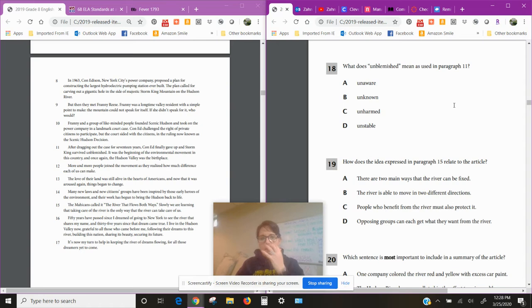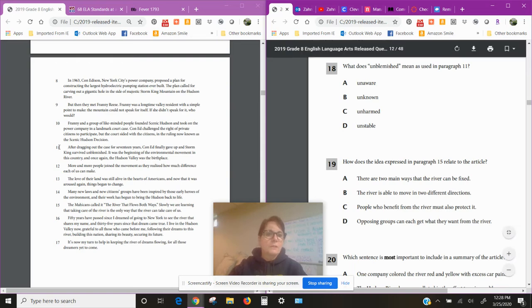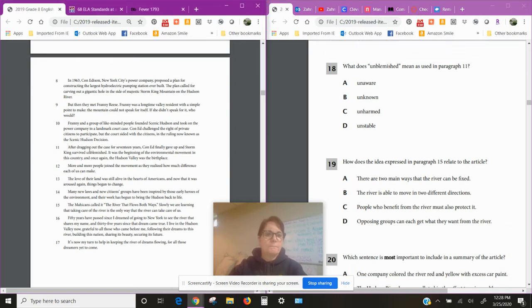All right. So we look at the question. What does unblemished mean as used in paragraph 11? So here's paragraph 11. And when we look at the word, we first want to take it apart and see we have roots, we have prefixes, and we have suffixes.